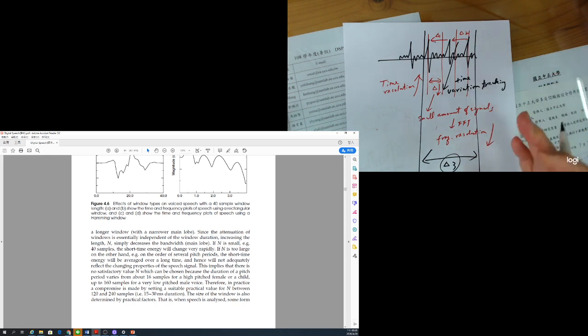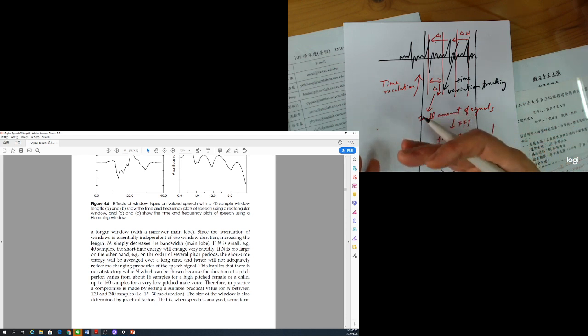If you have a bigger window, maybe inside the window the pitch changes a little bit, or the energy changes a little bit. However, with a bigger window, most of them take more data to take the average, so that cannot reflect the time variation.